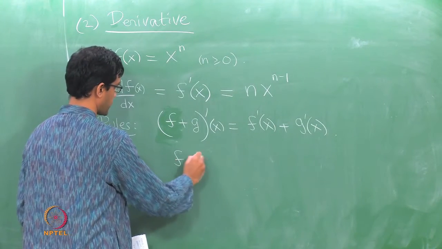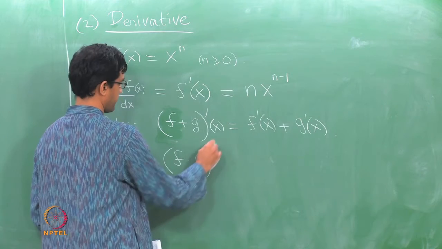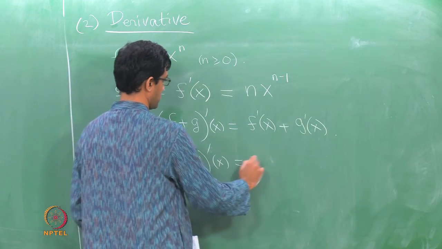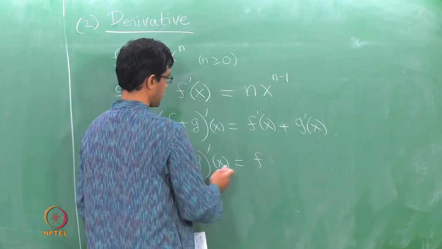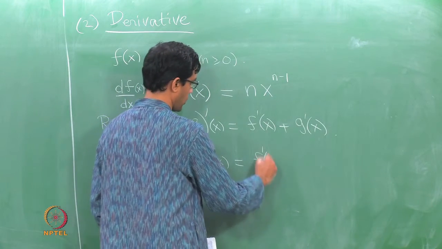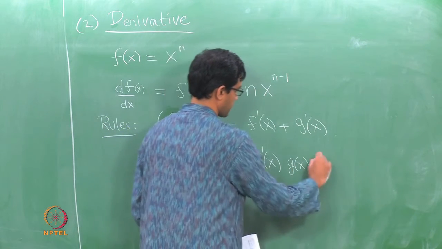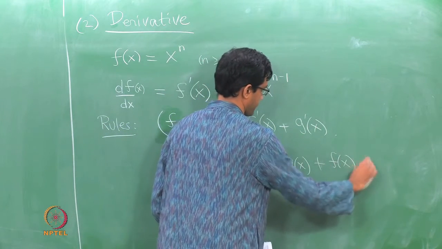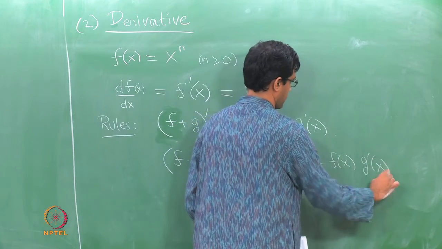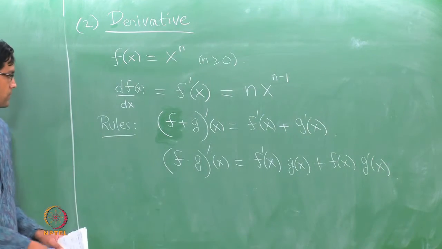Or if I take the product of two polynomials and take the derivative, it is given by what is called the product rule: you take the derivative of the first term, keep the second term as it is, and so on. This is the product rule.